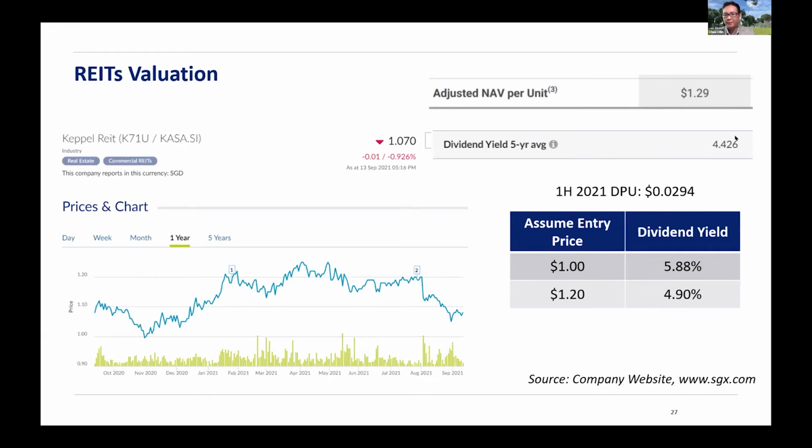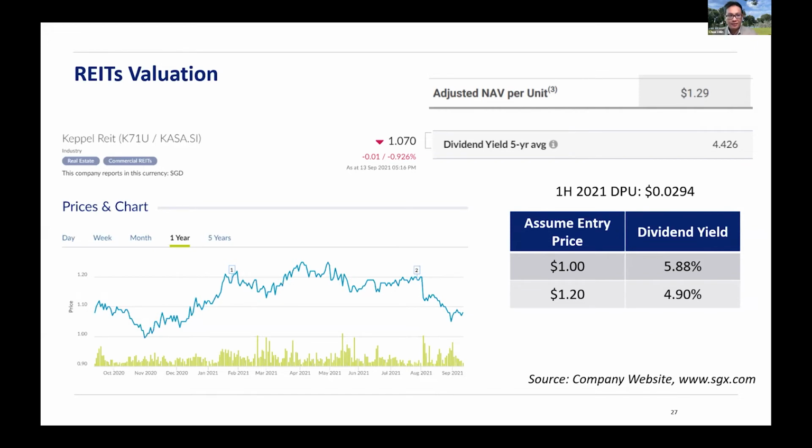If I divide that by the price, assuming the price is $1, we're talking about a dividend yield of 5.88%. And if the price is 1.20, we're talking about 4.9%. So basically we're talking about a 5% yield.